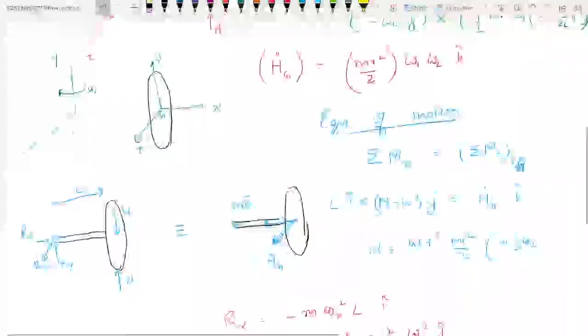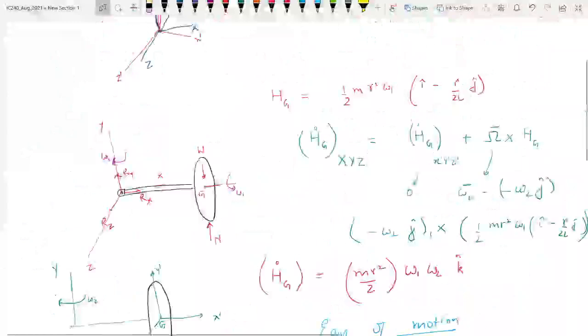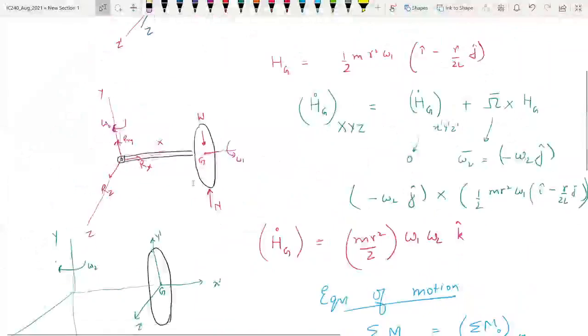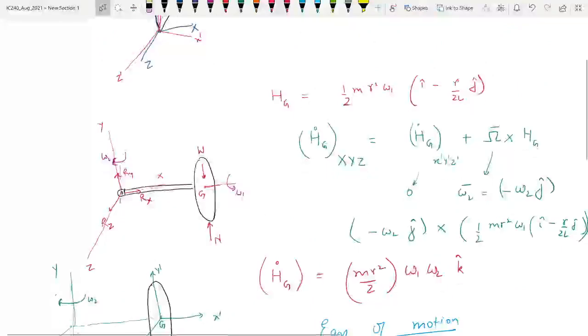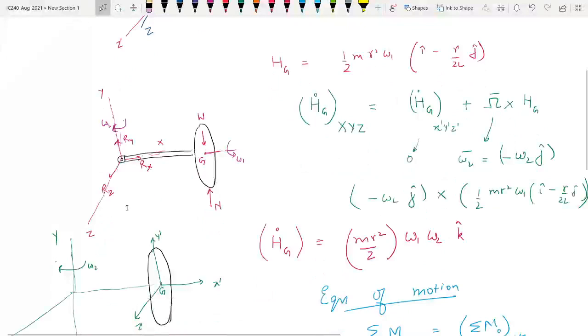Okay, so now another thing to note here is that for this body to spin and precess, it requires a moment about a third axis, right? So it is spinning about omega 1, in the x direction.